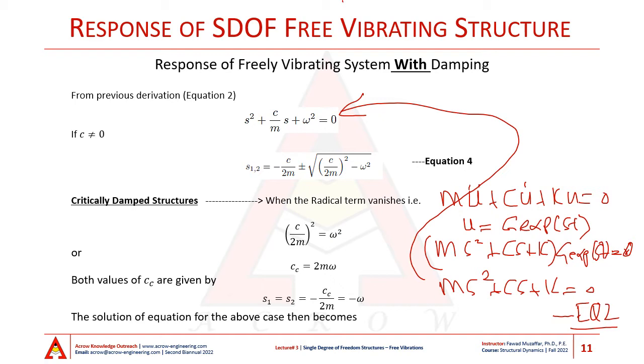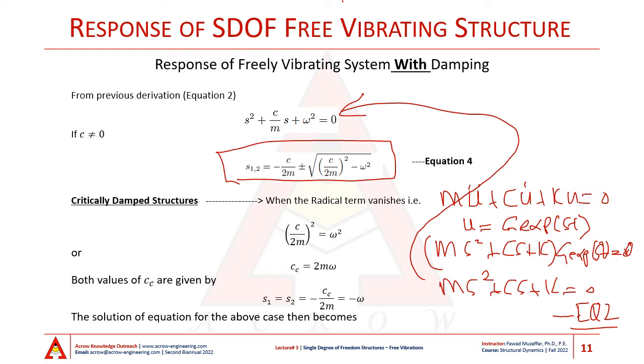Now, for this scenario, our c is not equal to 0. Therefore, from the general equation of a quadratic equation, we get that the two roots of this equation are given by equation 4.